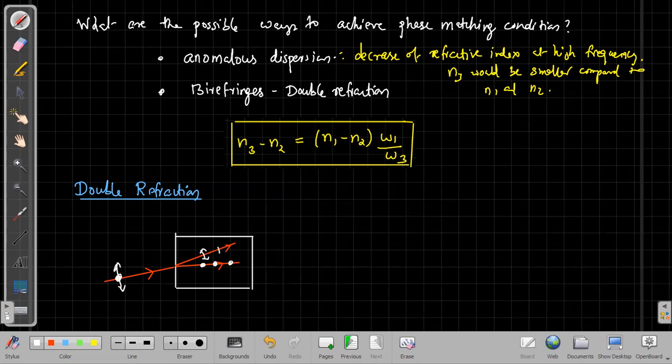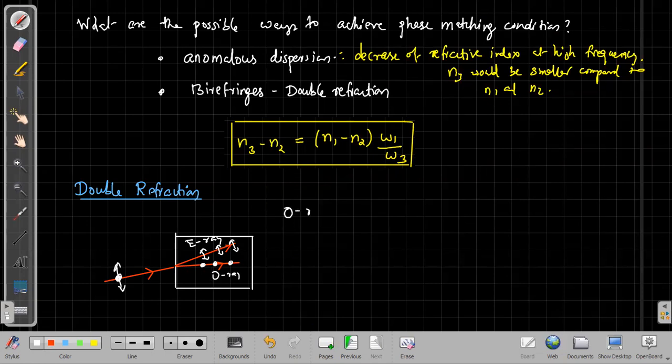One contains only dot, the other contains only arrow. One of the rays will be known as the ordinary ray, denoted as O ray, and the other ray will be denoted as the extraordinary ray. The ray which satisfies the normal Snell's law is called the ordinary ray, and the other one is called the extraordinary ray. The main thing is that the refractive indices of ordinary and extraordinary rays would be different, and their polarizations would be orthogonal.